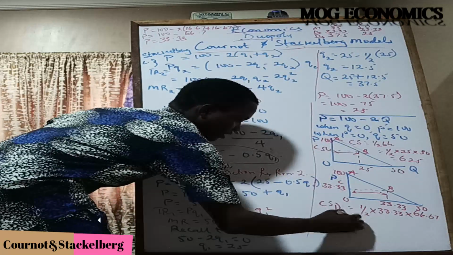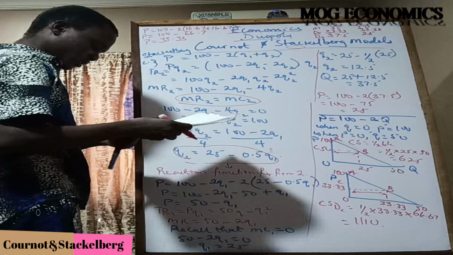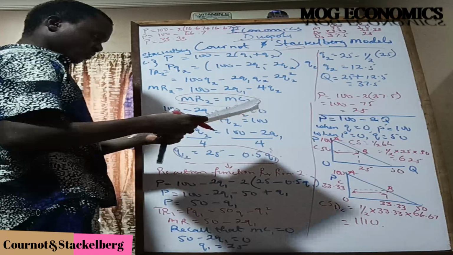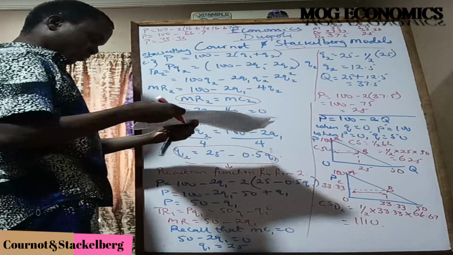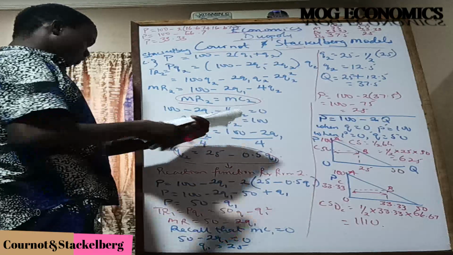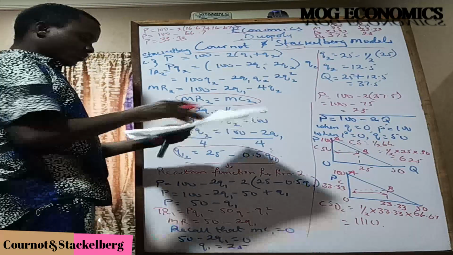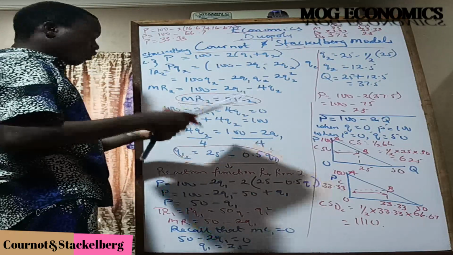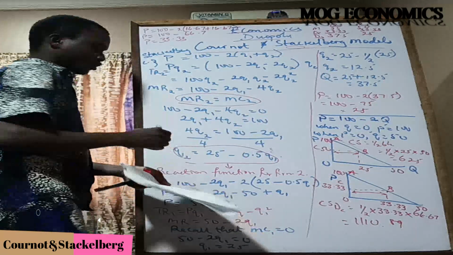By the time you're done, you'll be getting 1110.69. Is this 69? I solved it somewhere, can't find it. But it's 1110.89 anyways, whether I can find it or not. Yes, 0.89. I even tried recording it.